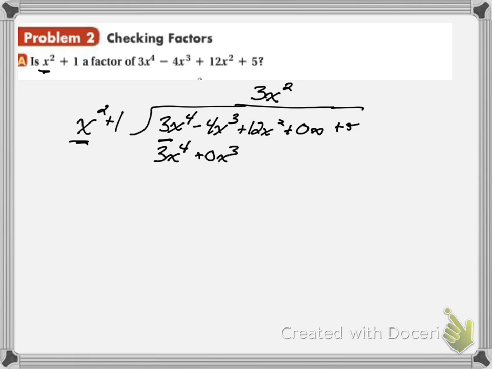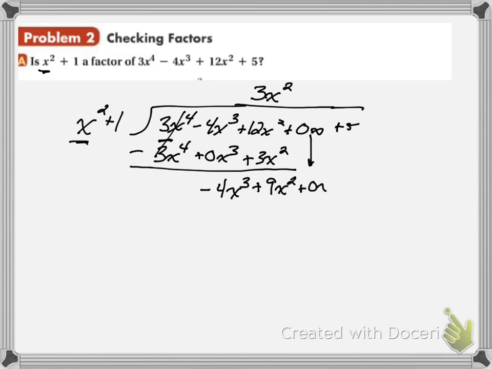And then 3x squared times 1 is plus 3x squared. Subtract. Gone. Negative 4x cubed minus 0 is negative 4x cubed. 12x squared minus 3x squared is 9x squared. Bring down your 0x.